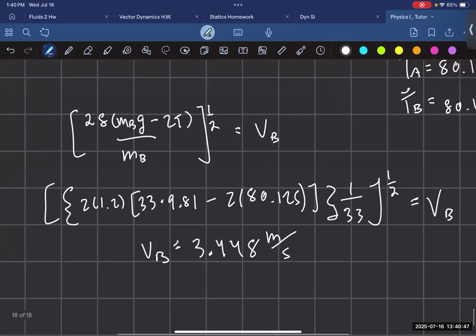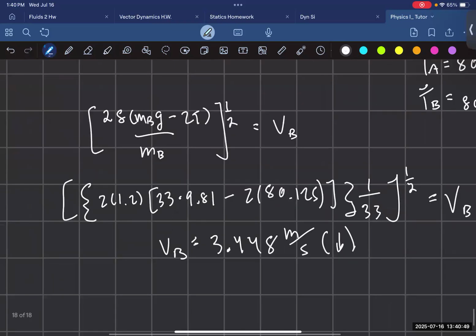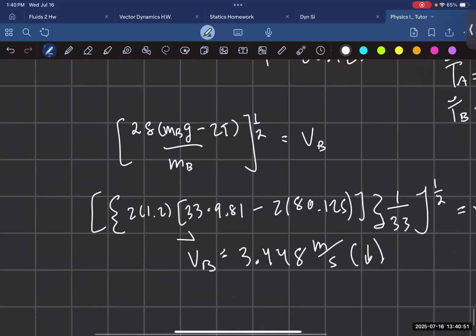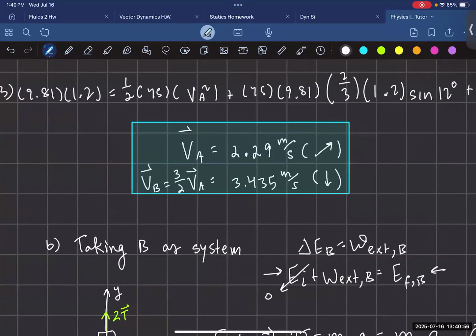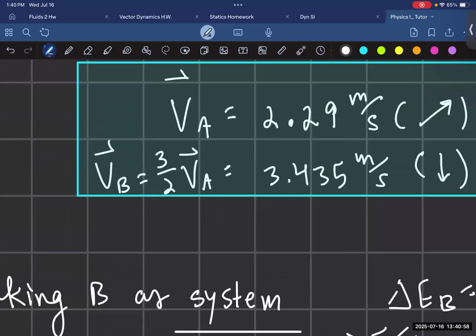You can infer the direction to be downwards, and that is very similar to the answer we found right here.